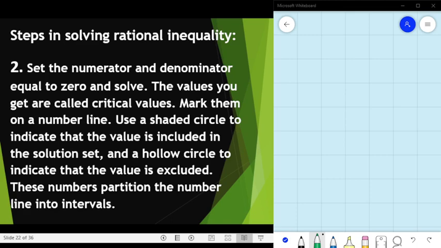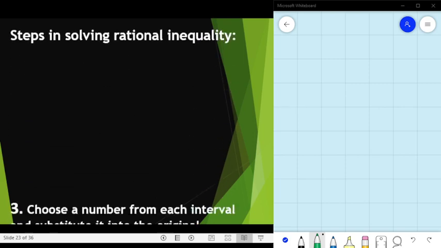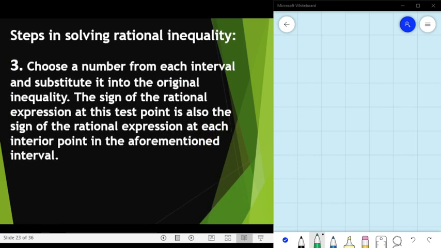So these numbers partition the number line into intervals. And then choose a number from each interval and substitute it into the original inequality.